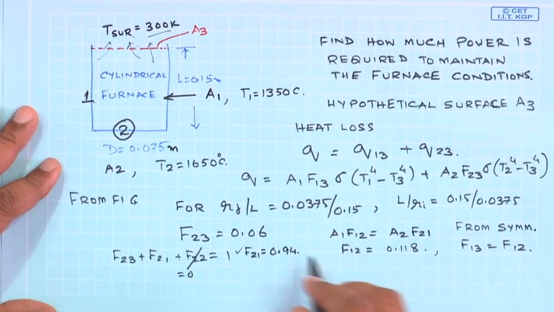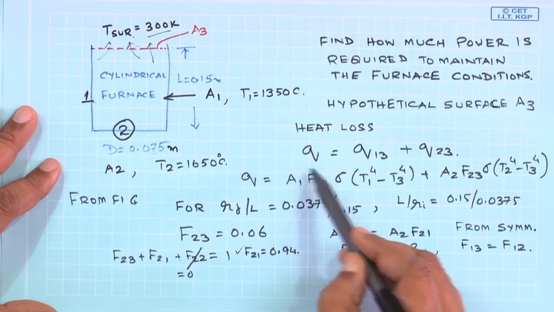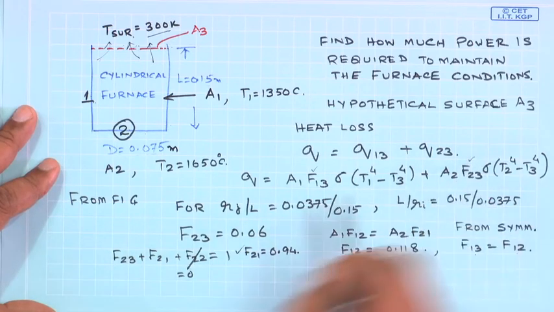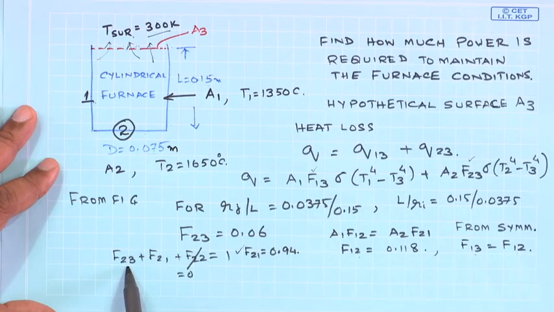So, when you do all these, you know what is F13. F13 is F12, F12 is 0.118, F23 you have calculated from here, F21 you have also calculated.